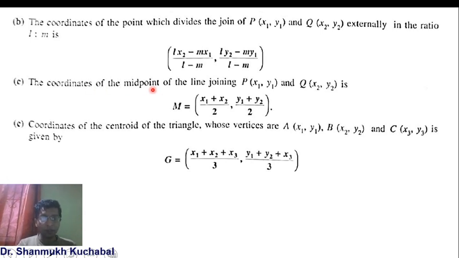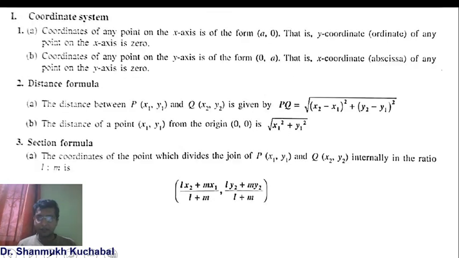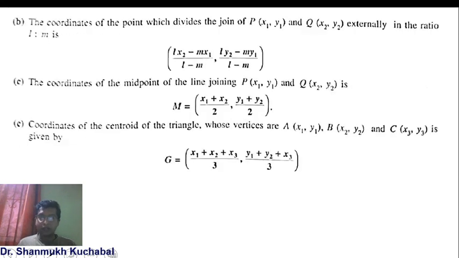Next, midpoint formula. For the midpoint formula we take the formula for cutting internally and substitute L equal to 1 and M equal to 1. Then simplifying we get (x1 plus x2) divided by 2, and (y1 plus y2) divided by 2.